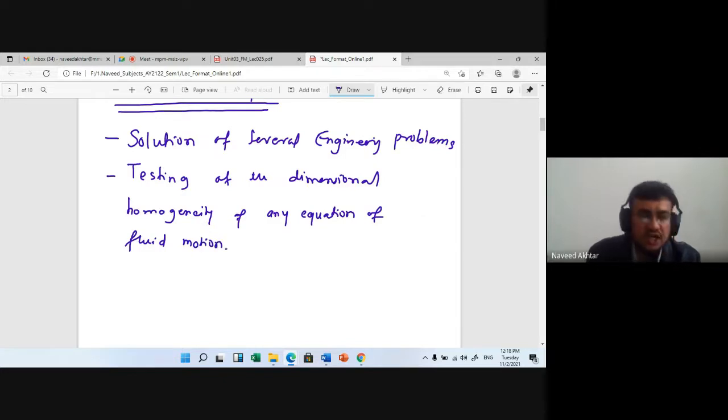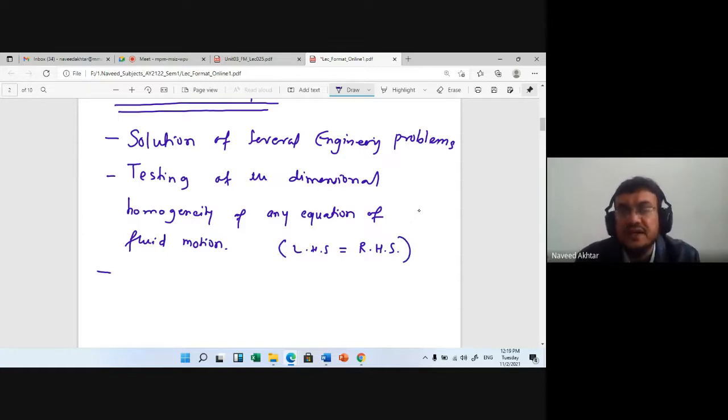It may be discharge, it may be velocity. You can analyze its dimension so that its left hand side dimension should be equal to right hand side dimension. Then that is called homogeneity in the dimension. So for testing of dimensional homogeneity, this dimensional analysis can be done.